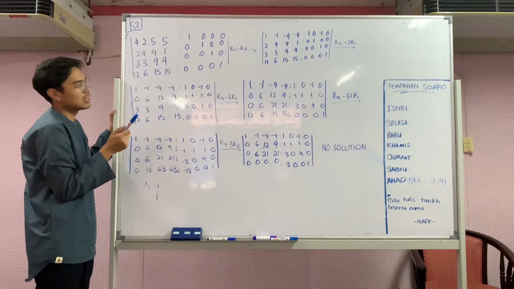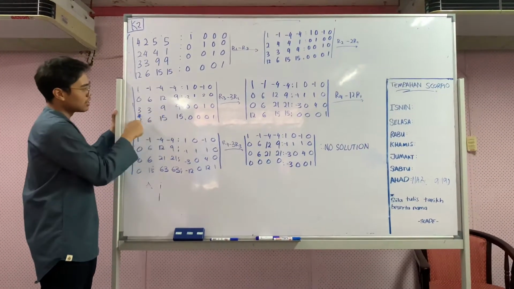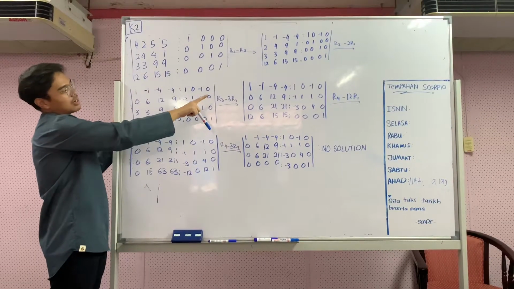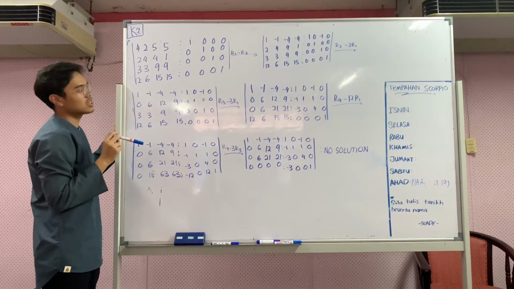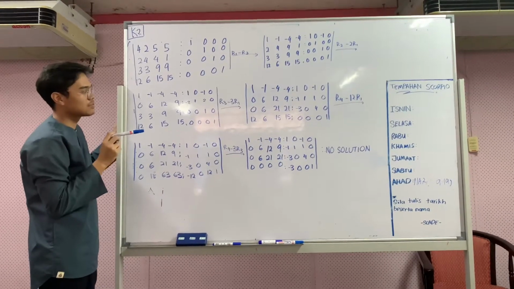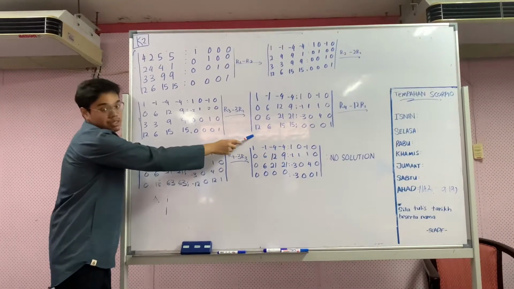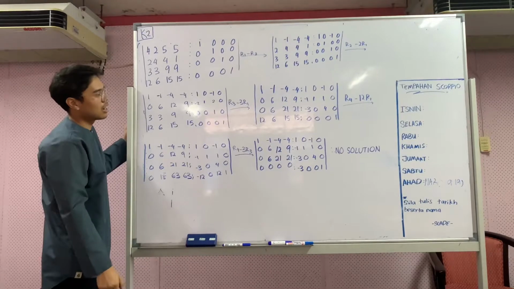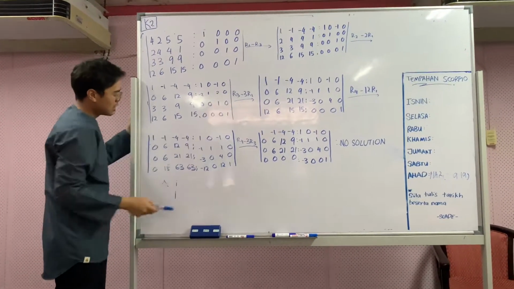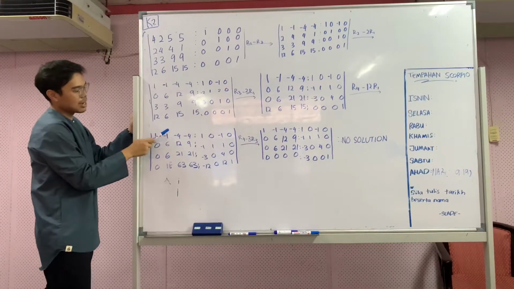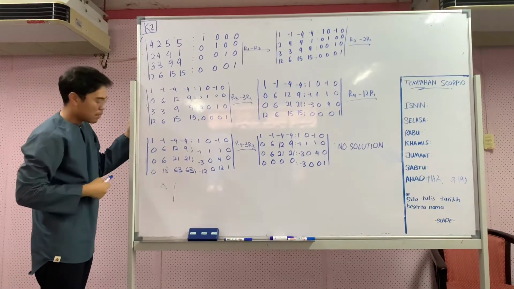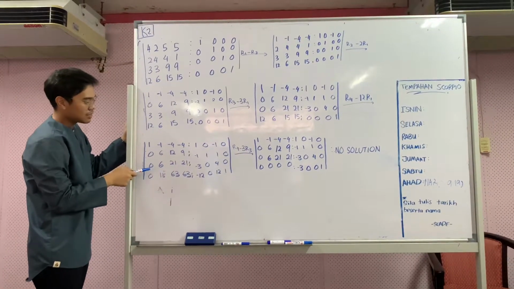So I'll be subtracting R3 with 3R1, and I'll be having 1, negative 1, negative 4, negative 4, 0, 6, 12, 9, 0, 6, 21, 21, and 12, 6, 15, 15. The 12 becomes 0, and I subtract R4 with 12R1, which gives me 1, negative 1, negative 4, negative 4, 0, 6, 12, 9, 0, 6, 21, 21, and 0, 18, 63, 63.